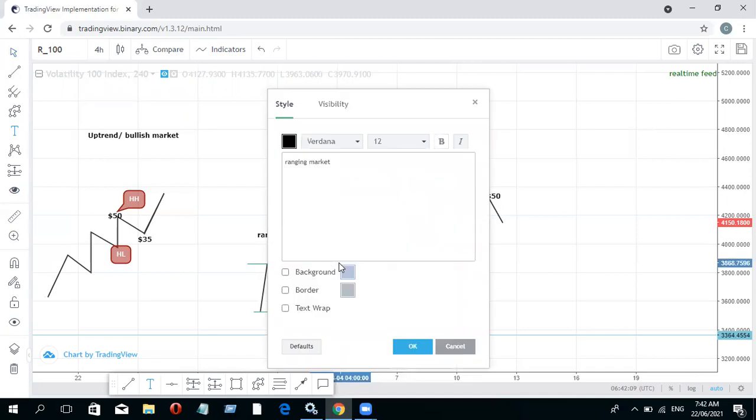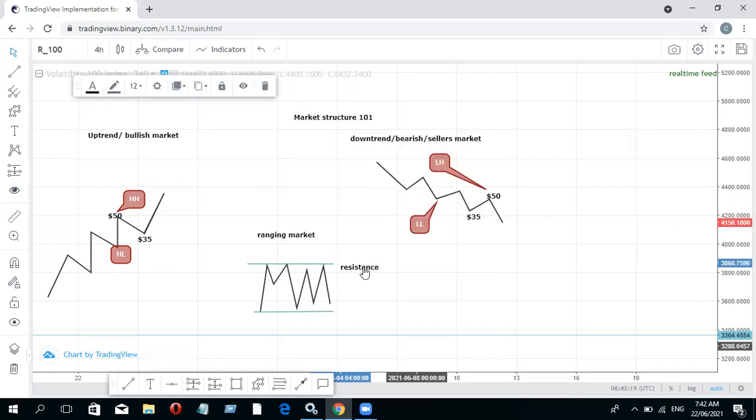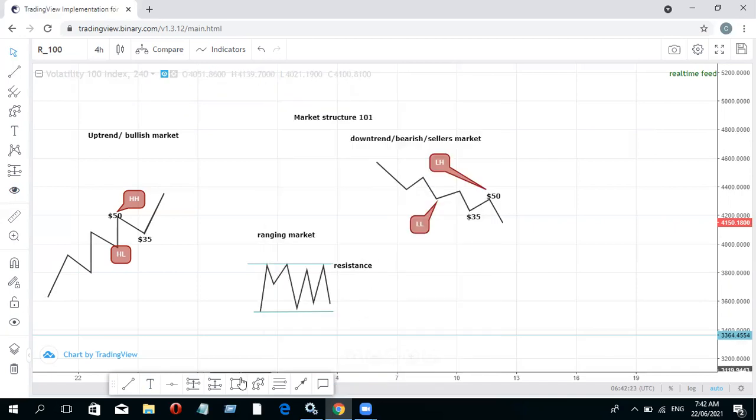I'm teaching that in the next class, resistance and supports. This upper point is called a resistance, and this lower point is called a support.